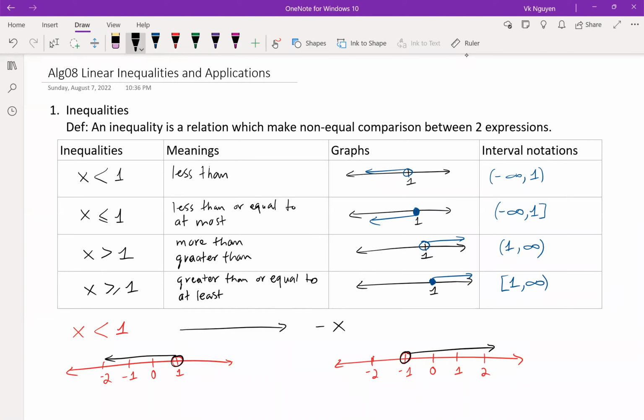The solution must go the opposite direction from negative 1. What this means is that when we multiply by negative 1, we must switch the inequality. X is greater than negative 1.